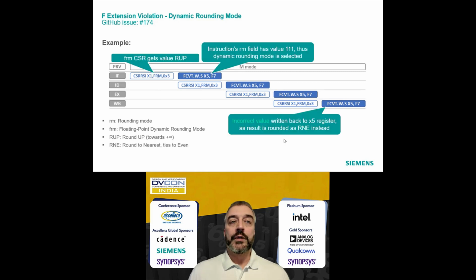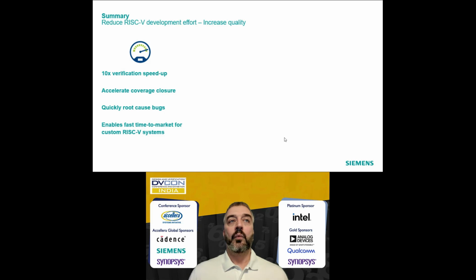So, to sum up, what we have shown here is a way to reduce the RISC-V development and verification effort considerably. By the clever application of formal and automation, you get quite a significant verification speed up.